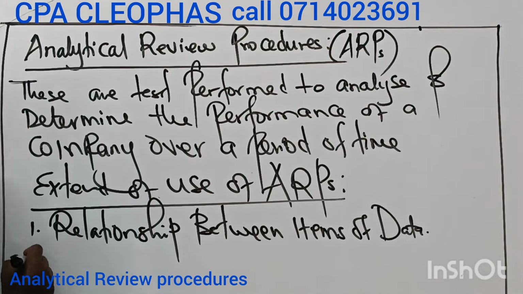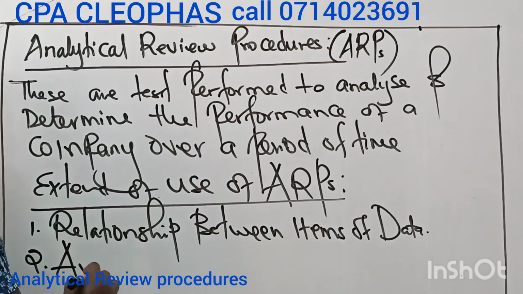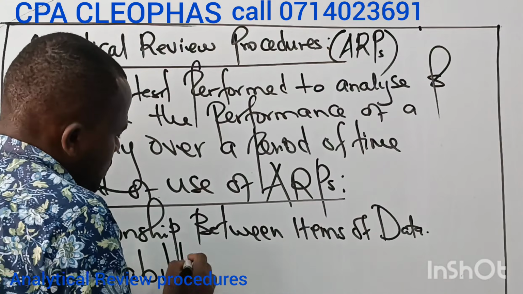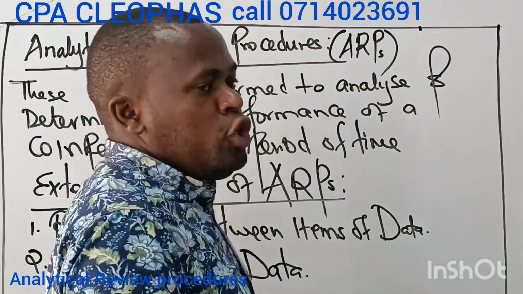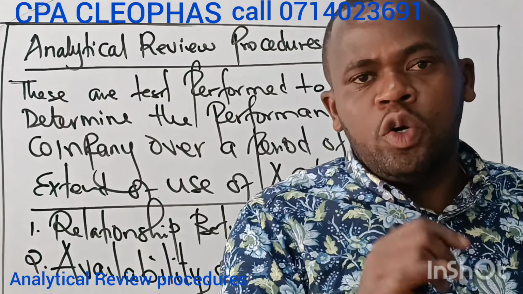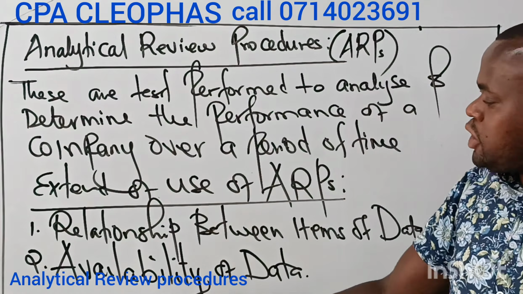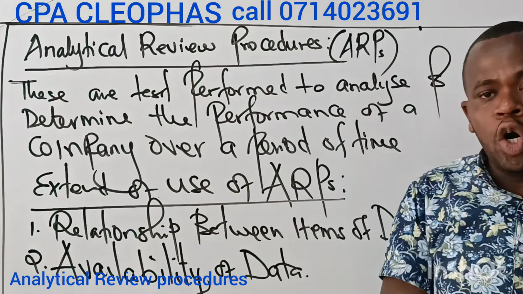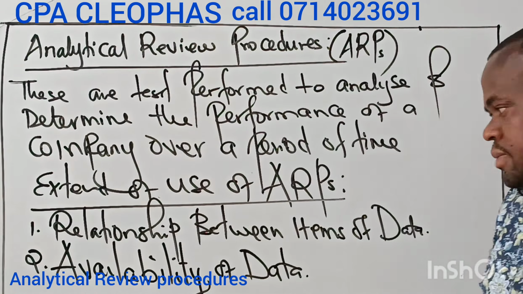Number two is availability of data. You cannot perform analytical review procedures without data. So the extent of using ARPs will depend on the availability of data. Is the data available or not? Is the data related or not?